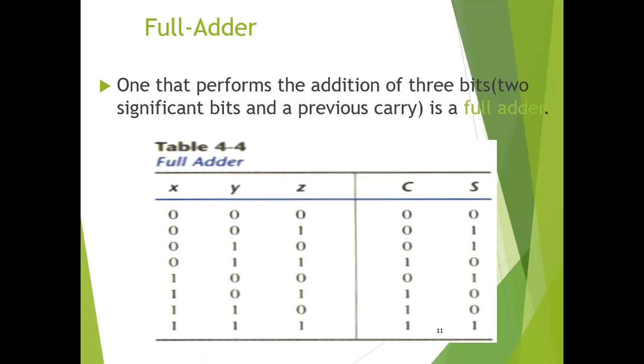The binary variable S gives the value of the least significant bit of the sum, and C gives the output carry, which will be the most significant bit. We can see that there will be 8 operations performed in this full adder circuit.